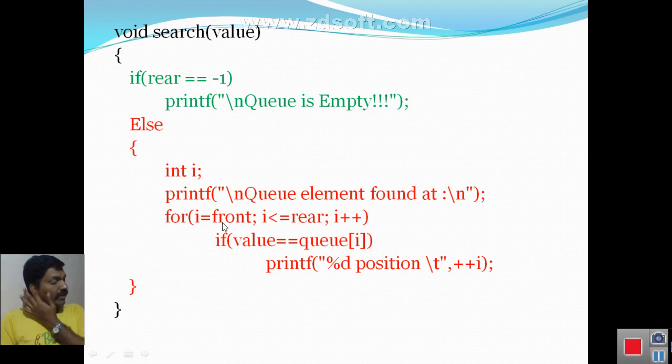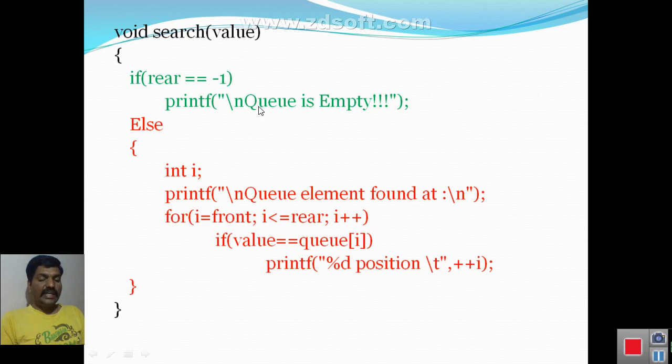Each and every time, the 0th location value, first location value, second location value, third location value is going to change based on the number of times the for loop executes. But if the value we provided and the element are matching, both are equal, then the body of the if condition is printf. It is going to print the position plus i. So i plus plus means post-increment, it increments after printing. But plus plus i means pre-increment. Before printing it is incremented.